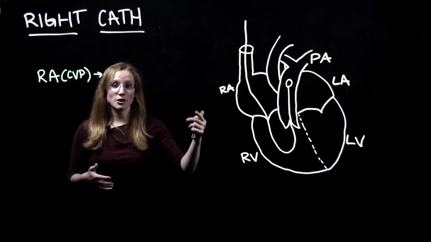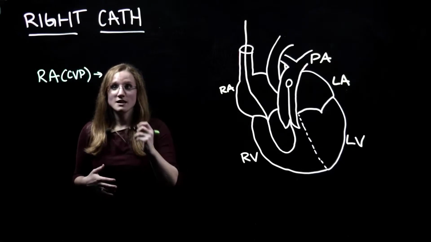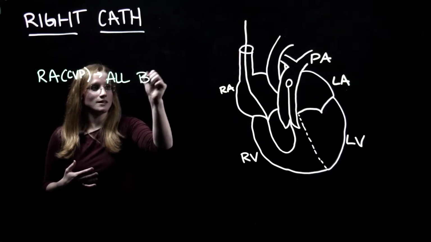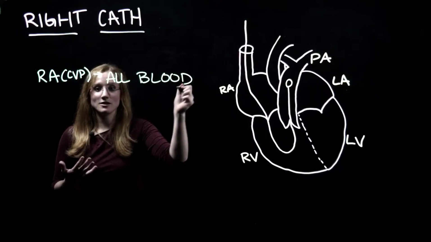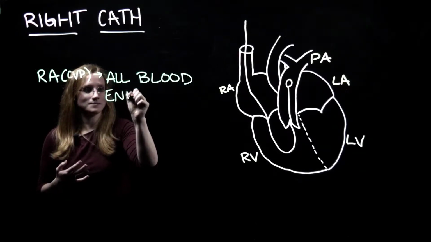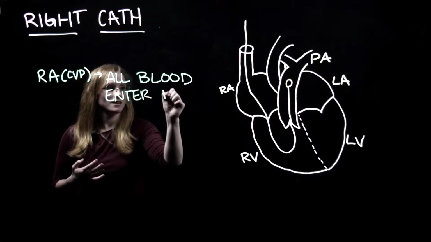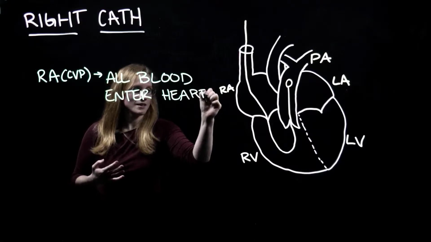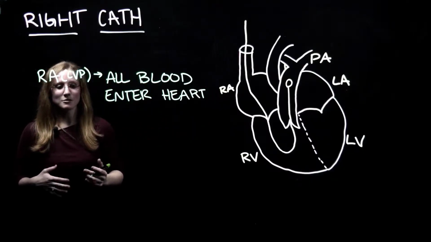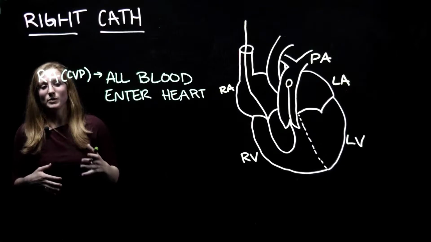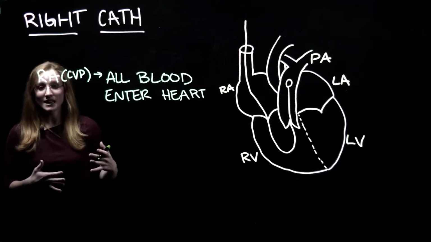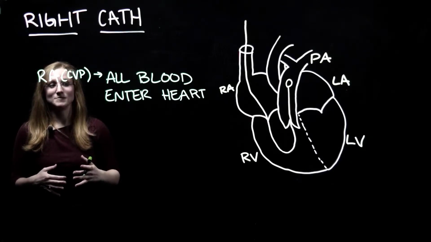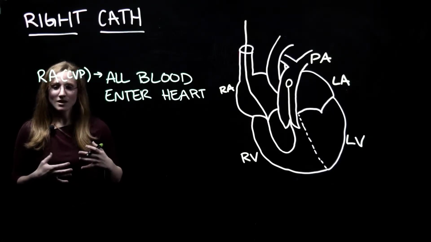What the RA pressure is measuring, in millimeters of mercury, is all of the blood that is going to enter the heart. When you think about this, you would think it'd be a big volume, but if you remember, the right side of the heart doesn't really do a lot with volume, so it's actually not that big an amount of fluid.